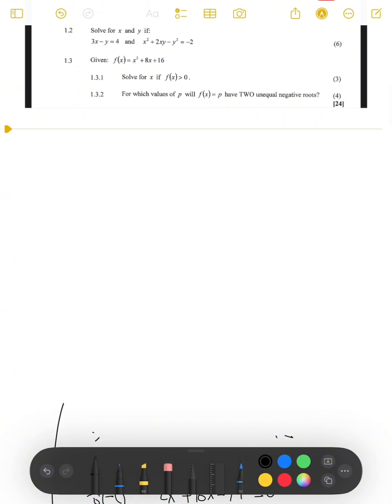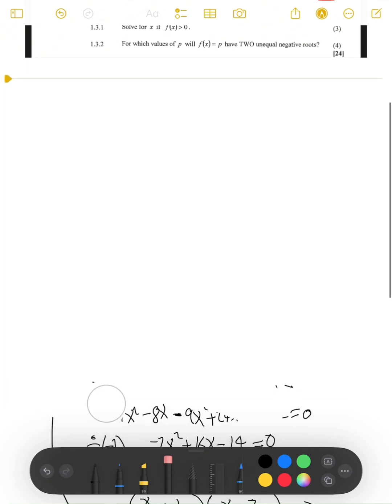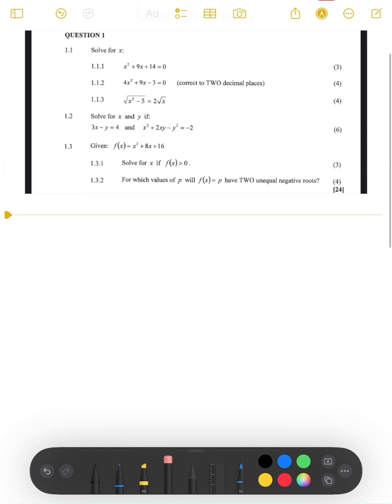And then they say solve for x if f of x is greater than 0. So basically what they're asking you guys, they're just trying to trick us.